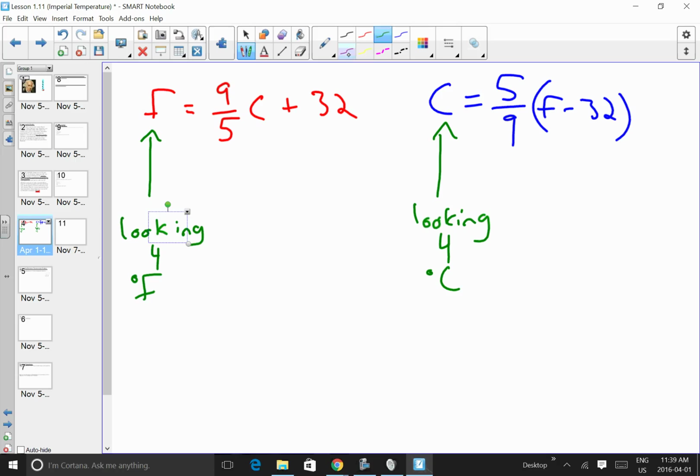Now you'll notice one of them has brackets, the other doesn't. So you have to remember your BEDMAS, your order of operations. So first thing you do is brackets, then exponents, then multiplication and division, and then addition and subtraction. So the first thing, if you're using this first formula, make sure you do this part first, and then add 32.